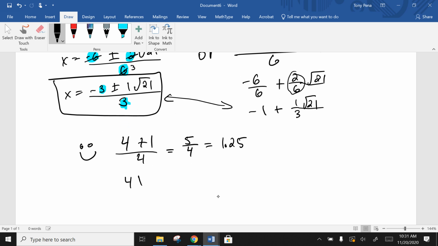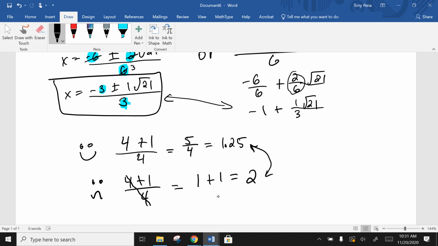Now let's do what you're thinking: can't I cancel these 4s out? If I did, wouldn't that leave me with 1 plus 1? That gives me 2. Is that the same thing I get doing it the other way? So this way is bad.